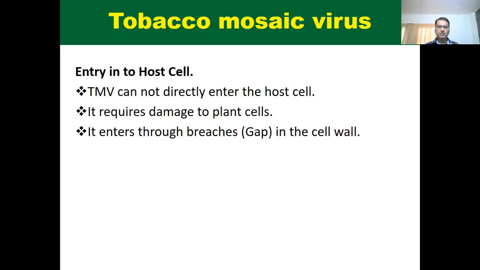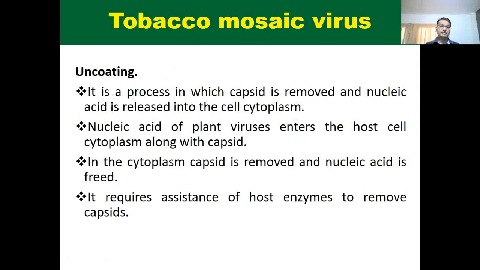If you see the leaf anatomy, palisade cells are there, spongy cells are there. In spongy cells you will find a lot of air gaps, isn't it? Air spaces are there. Through these air spaces, or gaps, virus enters. Okay, next.